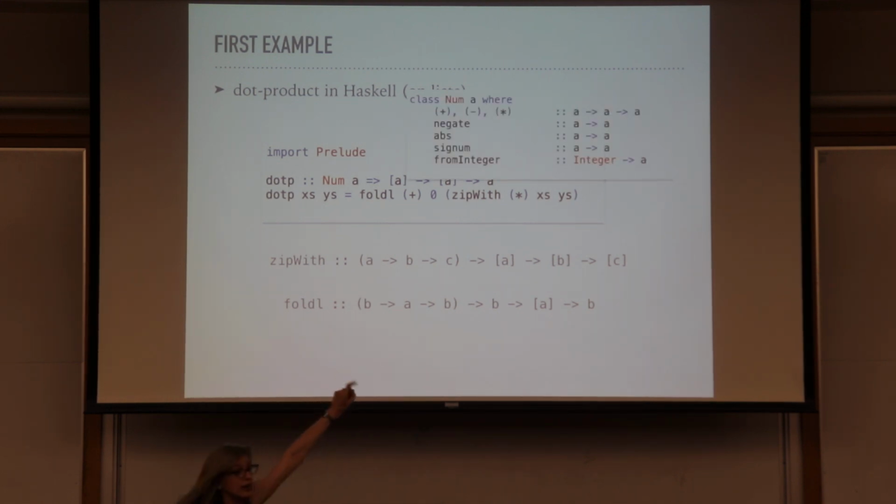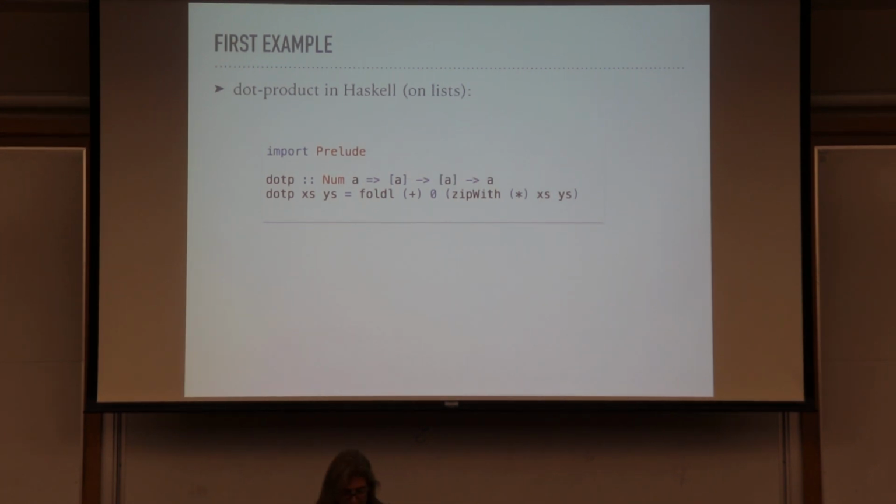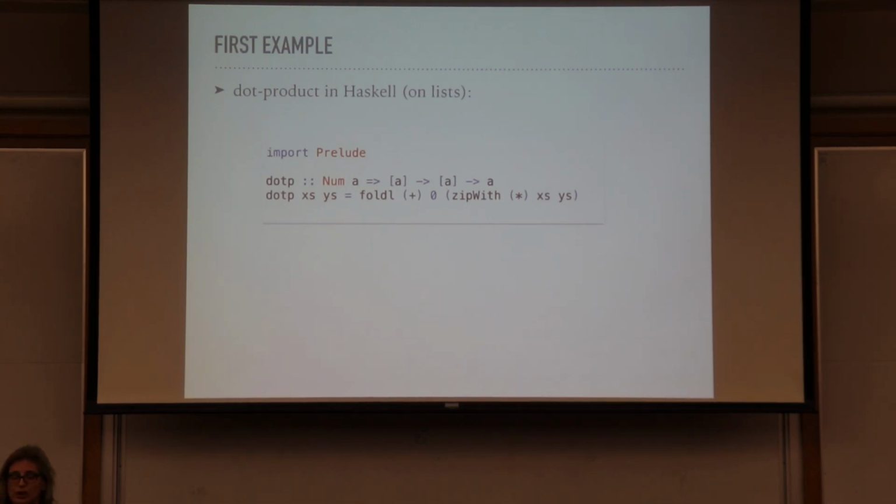What does it mean to have this Num A implies dot product has the type a list of A to A? So addition, obviously, we apply addition, we calculate the sum. So if I have a list of characters or a list of functions, that's not possible.